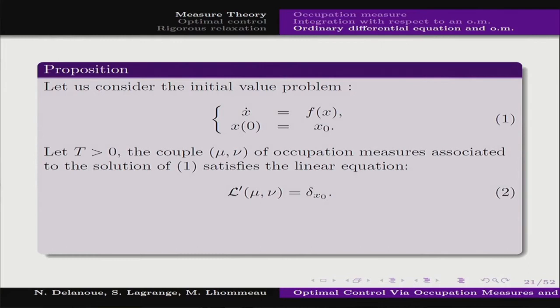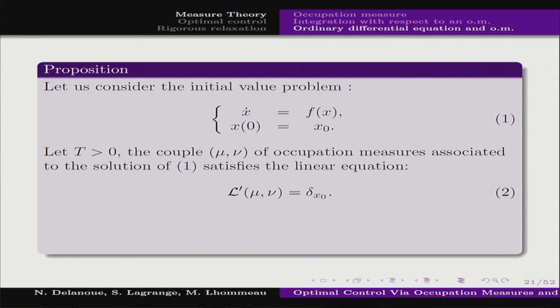Now I'm going to show you the more technical part. If you have an ordinary differential equation and you also have a finite time, capital T, your two occupation measures satisfy a linear equation.